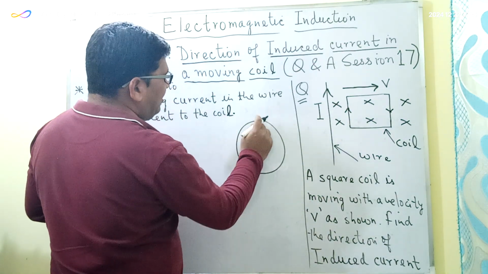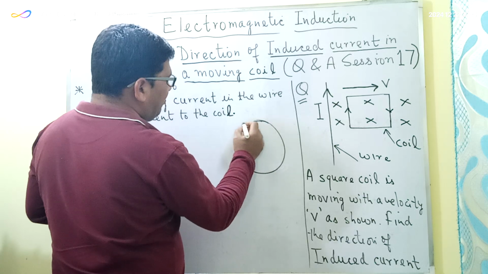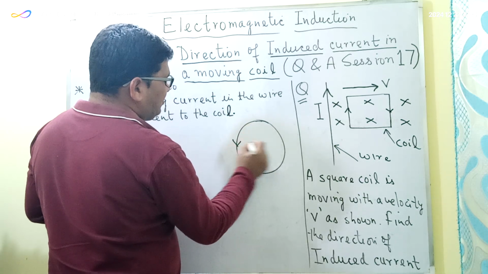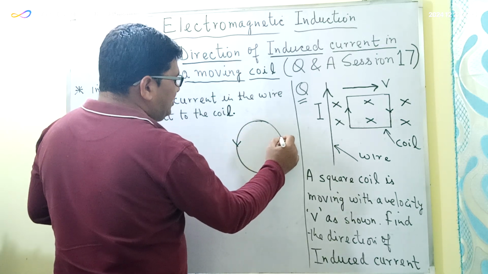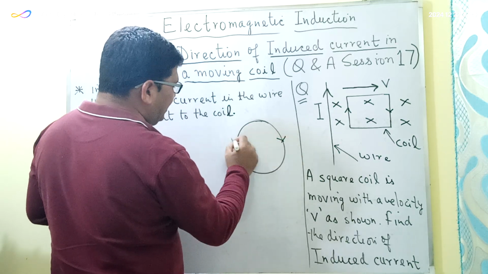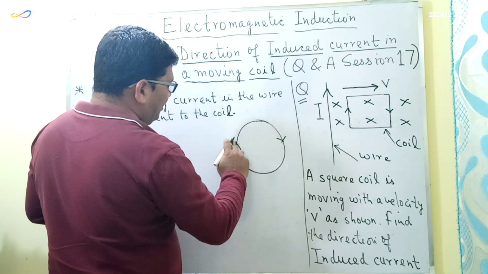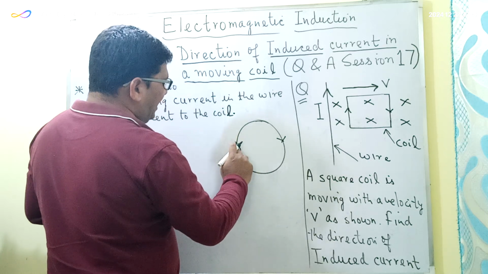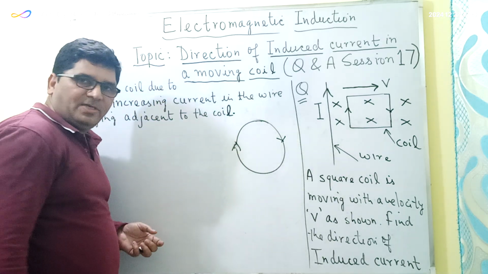We all know that the direction of the magnetic field is into the plane of the paper if the direction of the current is clockwise.